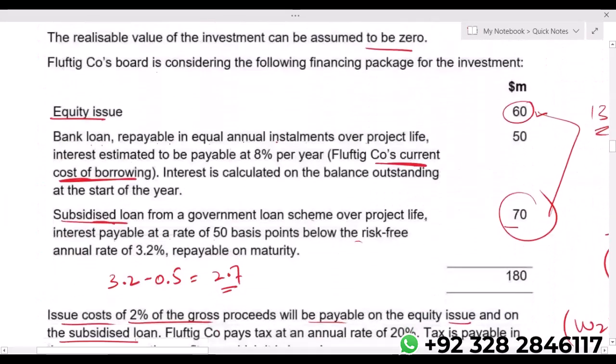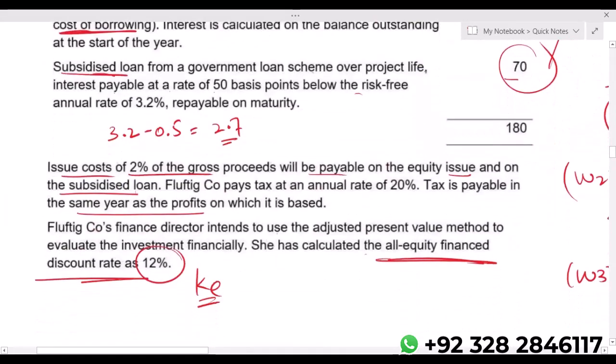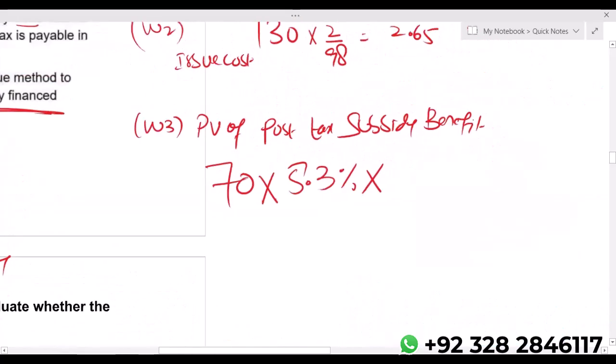Tax rate is 20. We are paying tax in the same year. If I take 80%, it will become post-tax. Subsidized loan into the subsidy benefit into 80%, representing 1 minus T into annuity factor.